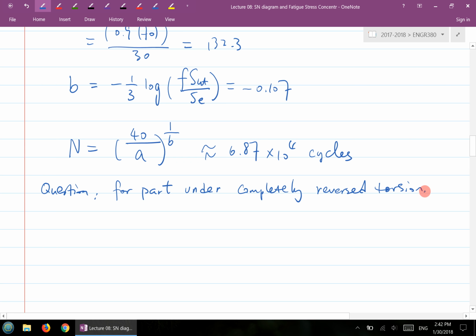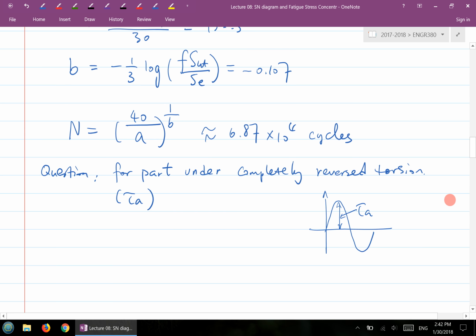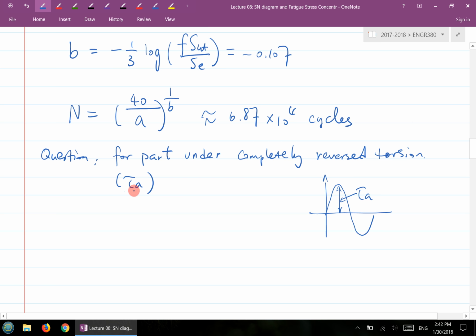In other words, instead of sigma A alternating, it's tau A alternating, basically twisting it back and forth. How do we make changes here to reflect this type of loading?